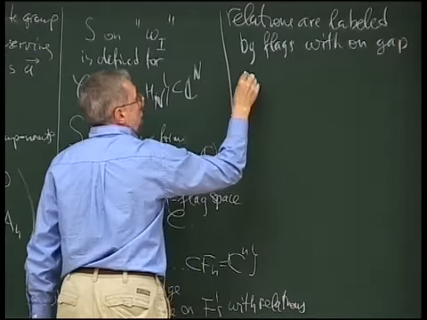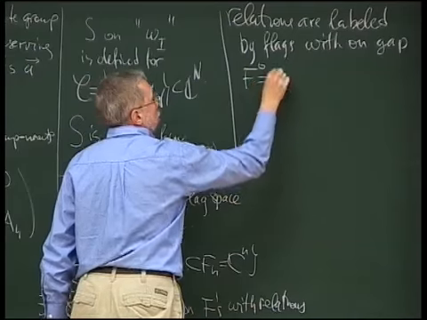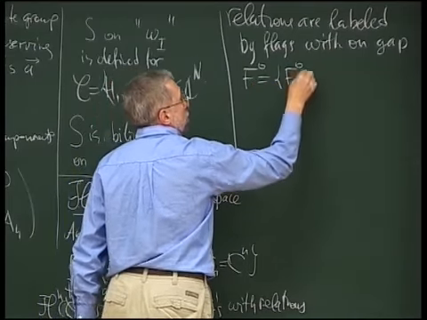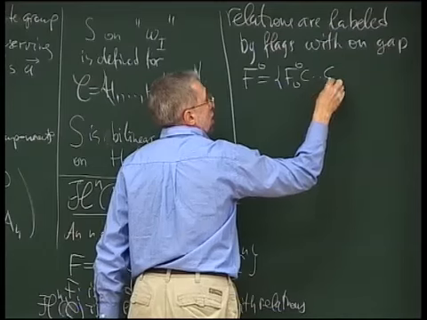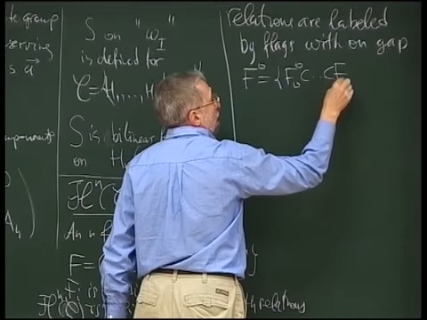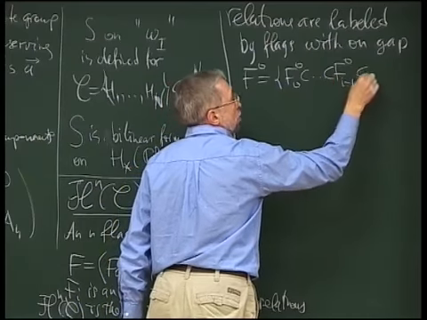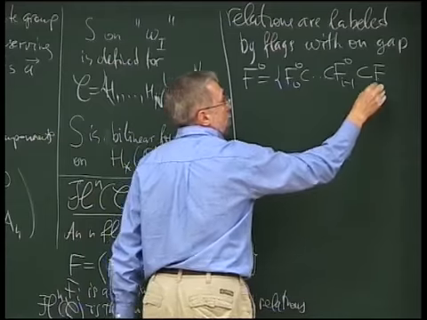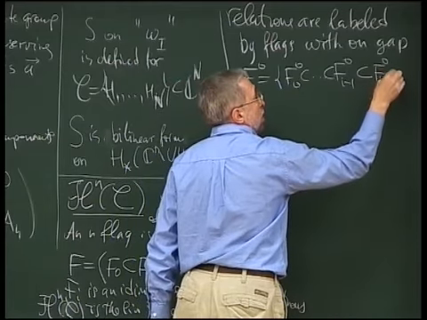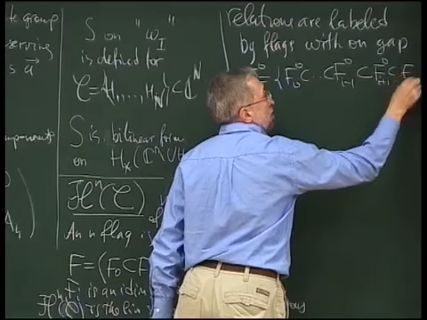So you take F0, ..., F(i-1), then you don't have Fi, but you have F(i+1), and then Fn.